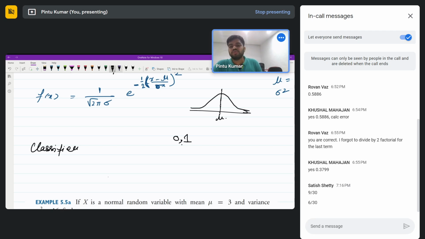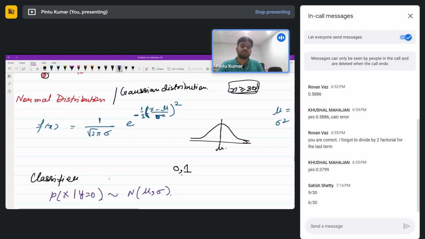Now if you model the probability of x given y equal to 0, so if you collect all the data points whose label is y, and model this as a normal distribution function, the normal distribution function has two parameters. If you see, this is 1 upon under root of 2 pi sigma. Sigma is one parameter, which later turns out to be the standard deviation, and another parameter is this mu, x minus mu square by 2 sigma square. So this mu is the mean.